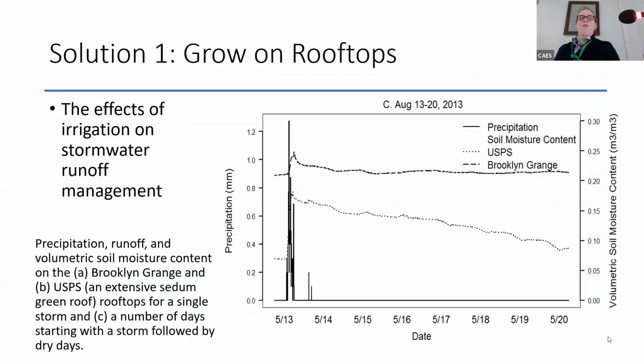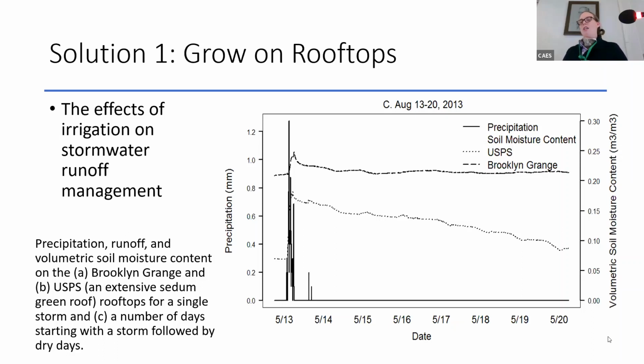And that brings me to what those other questions are. So stormwater management, I mentioned as a big benefit of green roofs. When you change the moisture environment of the roof by irrigating, you change the roof's ability to hold stormwater.